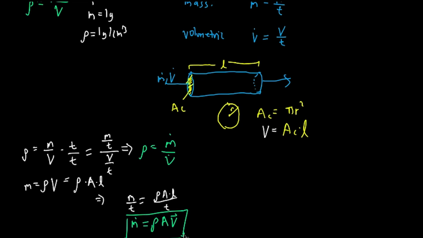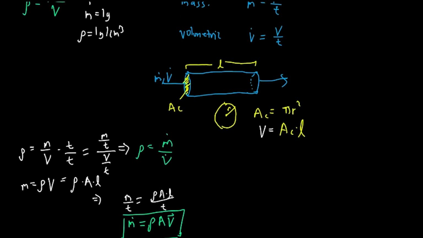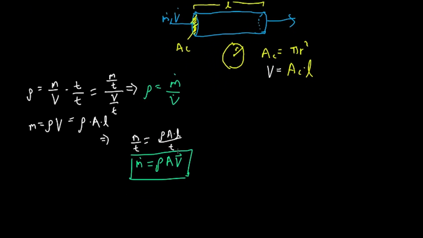Cool. So we just got the intuition for a nice little relationship that might be useful. A little bonus, let's do a little bit of dimensional analysis on this guy, shall we? Check out my dimensional analysis videos if you haven't seen those already. So m dot is going to be in the dimensions of mass over time.